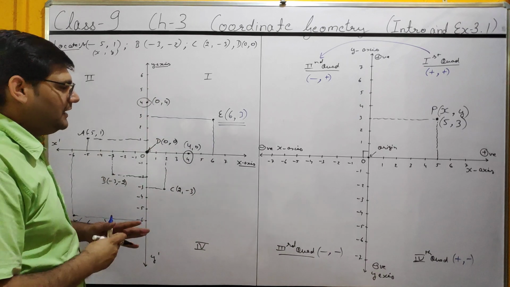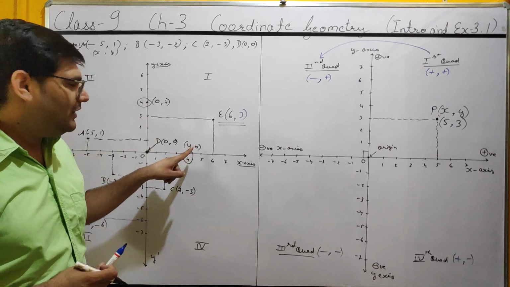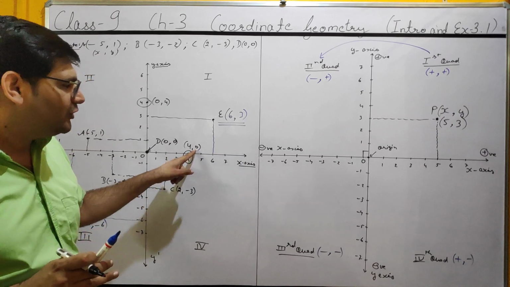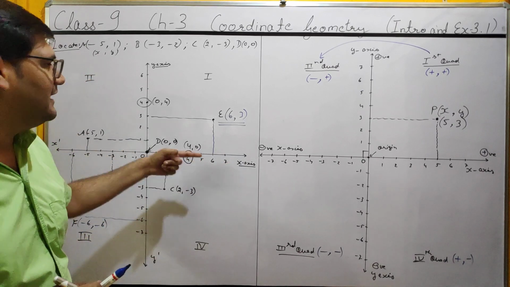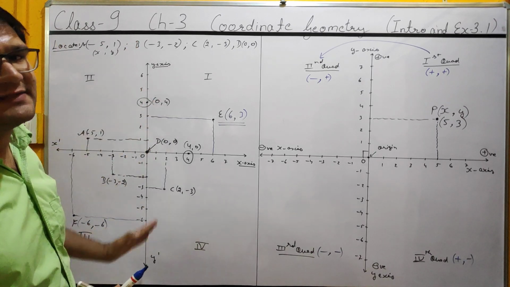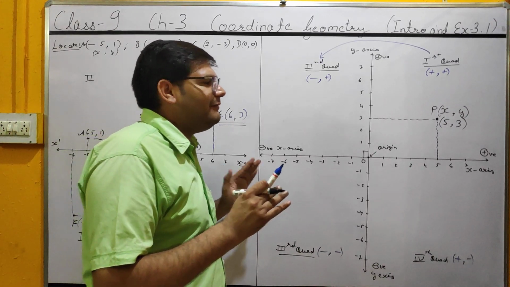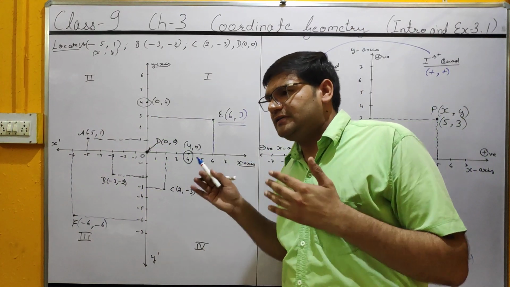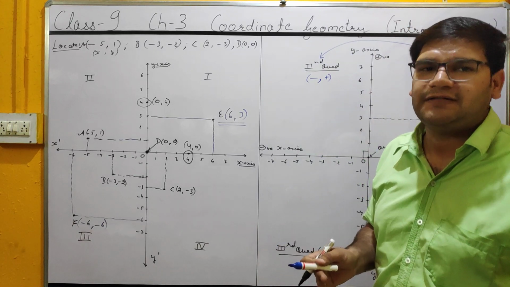What it means? This is x and this is y. You have some value of x, but you do not have value of y. When y is 0, the point will lie on x-axis. When x is 0, the point will lie on y-axis. So these are the few things which you have to keep in mind also, and then we will be discussing these points in the questions also, isn't it?